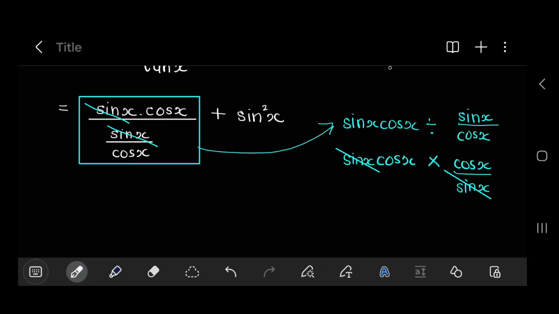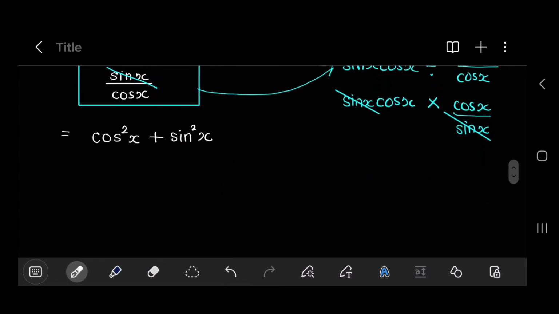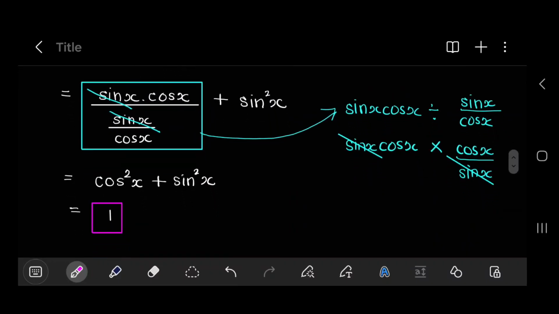That is going to result in cos squared x. So we're left with cos squared x plus sine squared x. And this actually comes from your identity. The identity actually has it the other way around. Sine squared x plus cos squared x is equal to 1. So your final answer for this question is 1.